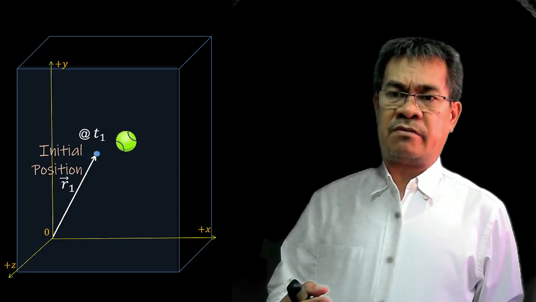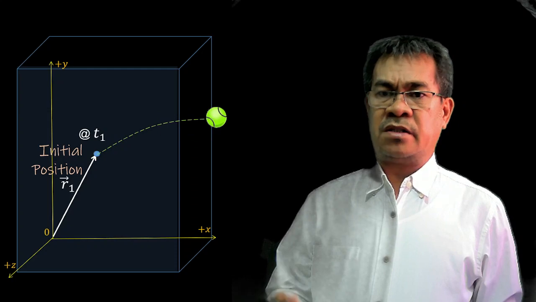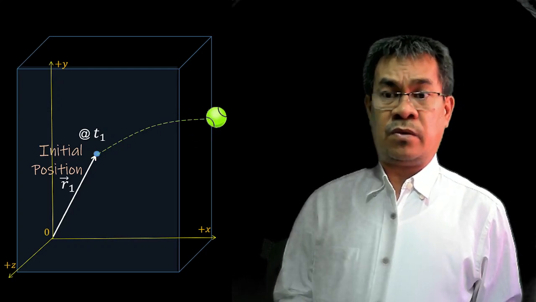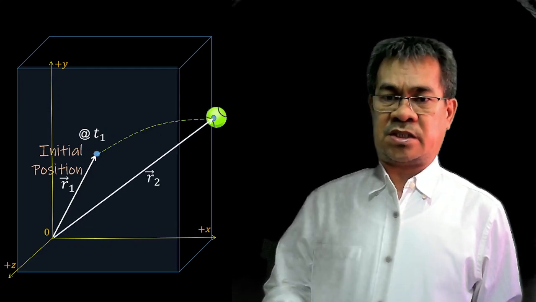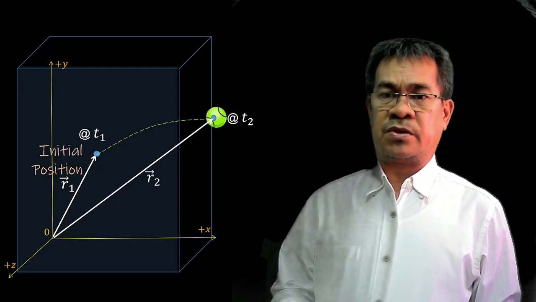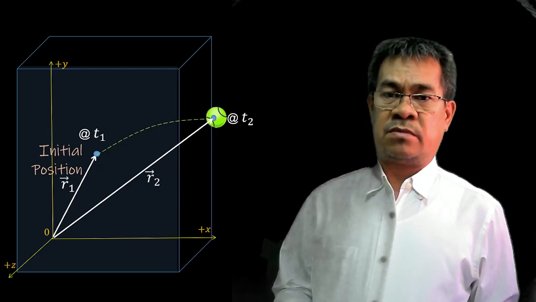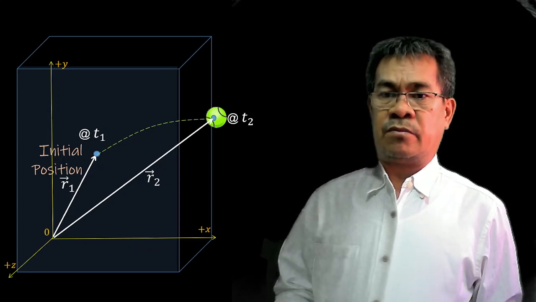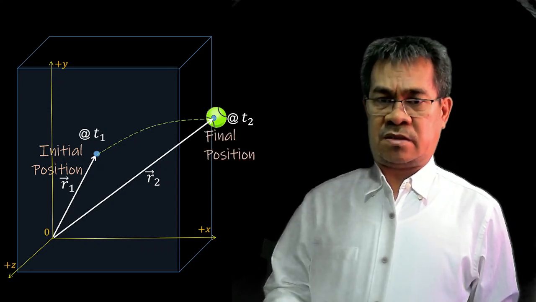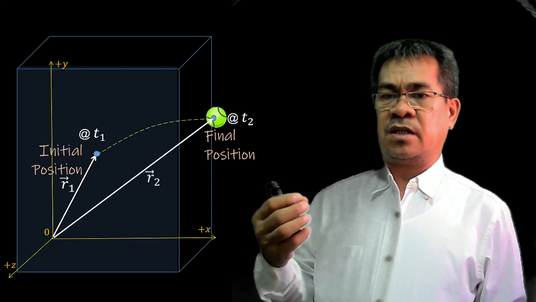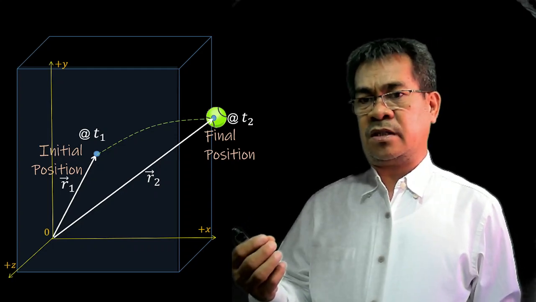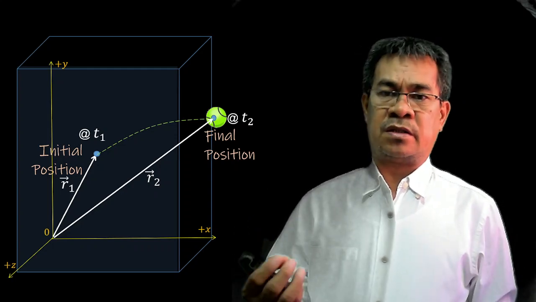Now when the particle travels to another point, then we have another position, and we can call that, let us say, r2. And r2 happens because of the time interval or the time 2. Meaning at time 2, we have position 2. And if we say final position, then it follows that the particle starts from the initial point, then it ends up at the final position.